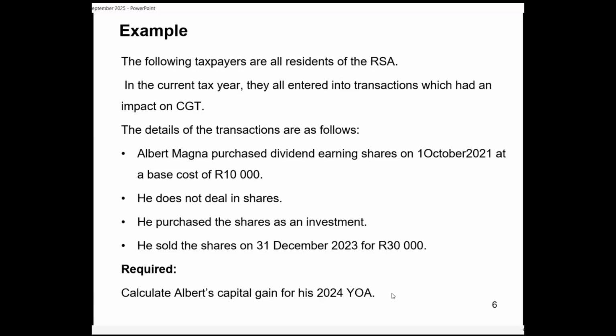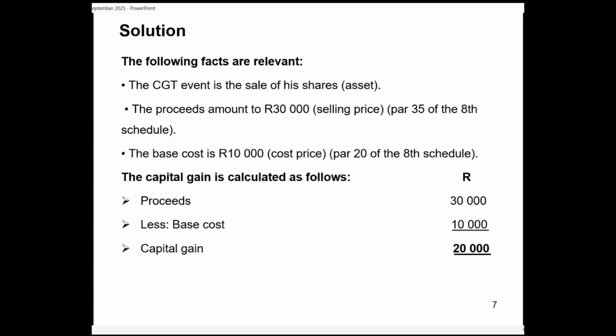The calculation will be as follows. The following facts are relevant. The CGT event is the sale of his shares. That will be a CGT event. The proceeds amount is 30,000, the selling price, in terms of paragraph 35 of the 8th Schedule, and the base cost is 10,000, the cost price, paragraph 20 of the 8th Schedule.